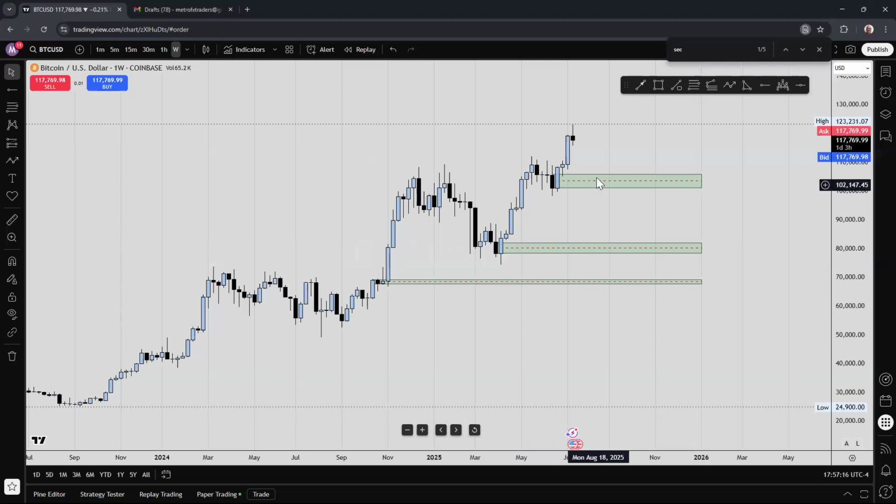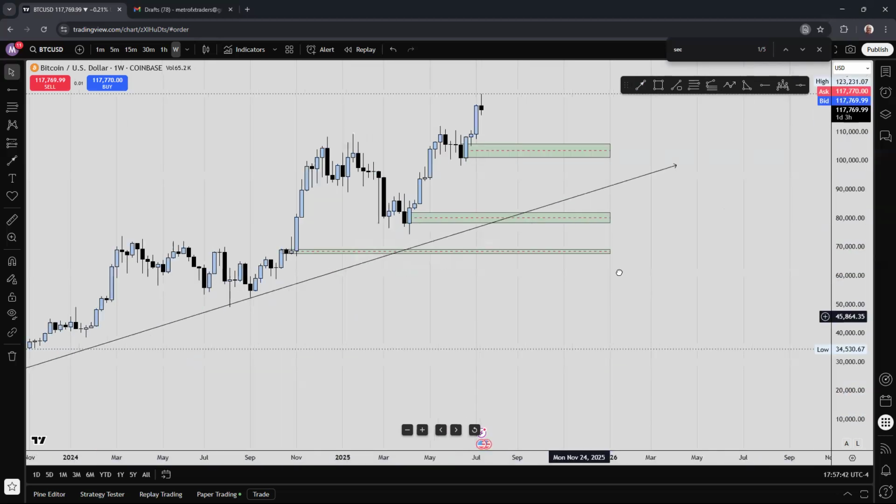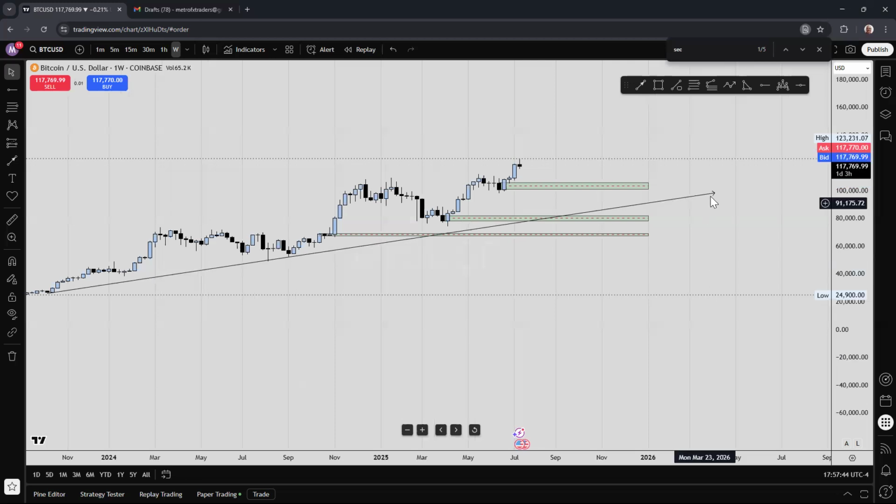If it comes back and touches the order block and doesn't break through it, you can consider placing buy trades, because this will probably be looking to do a higher high. But if you look at the whole entire market, you'll notice that the market right now is in an uptrend.